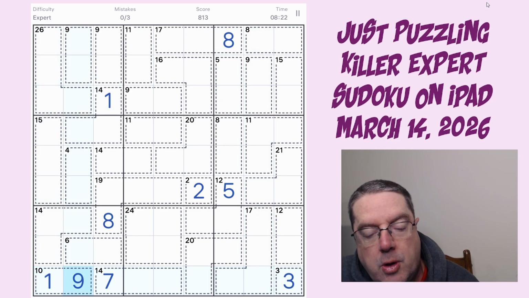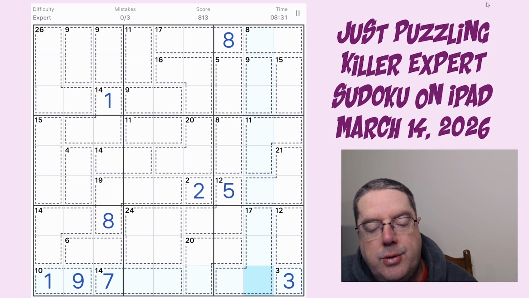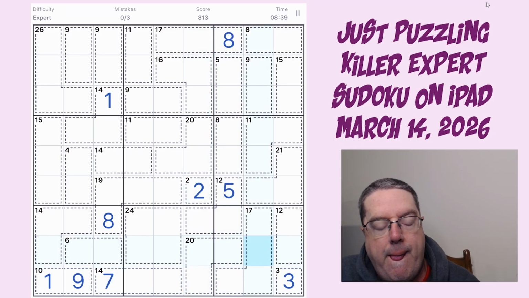I need an 8 in this row. Sorry, column. And I need an 8 in this column. If I have an 8 here, this can be 4. So if I have an 8 here, this can be 4 and that'd be an 8 there. So that actually works. Actually, it's got to work.